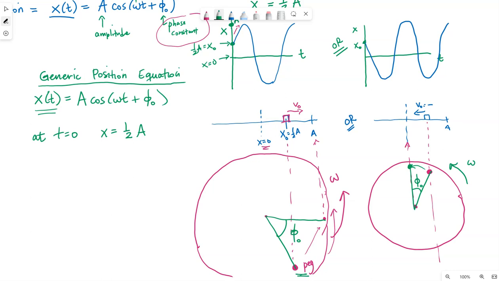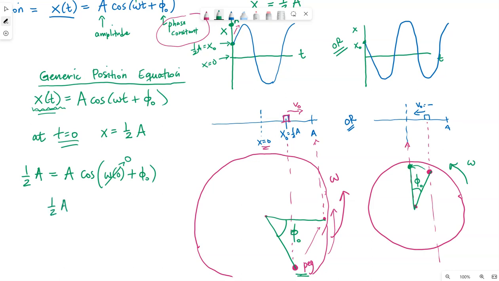So in place of x of t, this x of t meaning the position at the moment in time we're talking about, I'm going to put in 1/2 A. I set that equal to A cosine of omega t plus phi naught, but I'm plugging in the value of the position at time equals 0. So I need to put in 0 for time. So that term disappears.